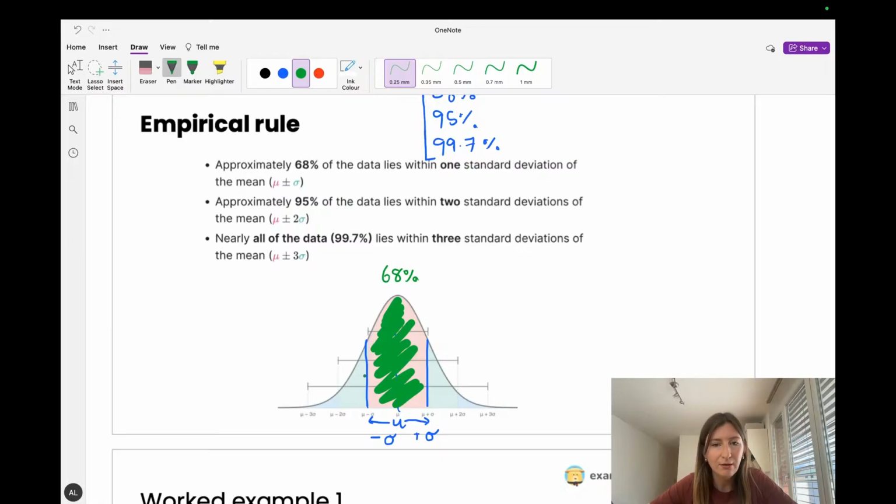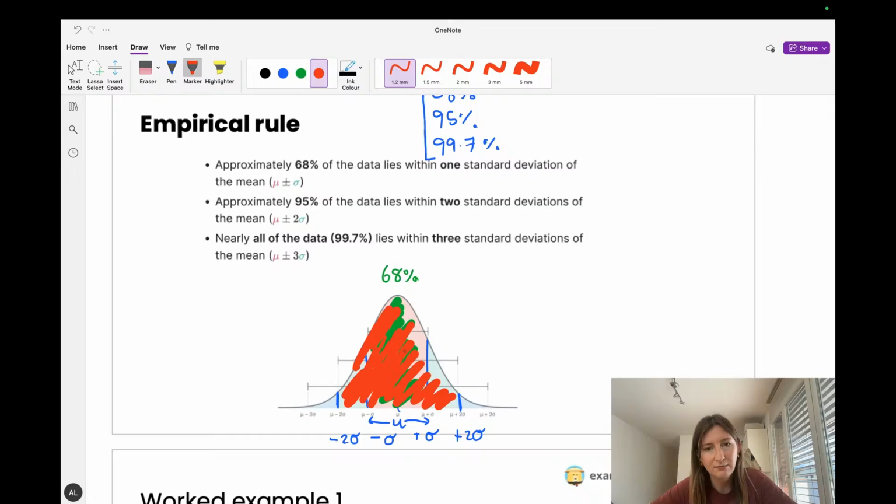Now, if we take 2 standard deviations away, that's minus 2 standard deviations, and here, plus 2 standard deviations. Let's shade that in red, going to be all of this. Now that is 95% of the data located there.